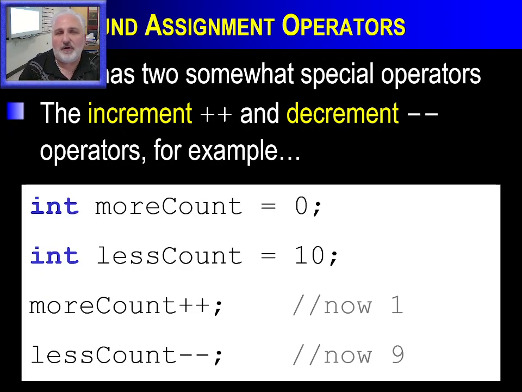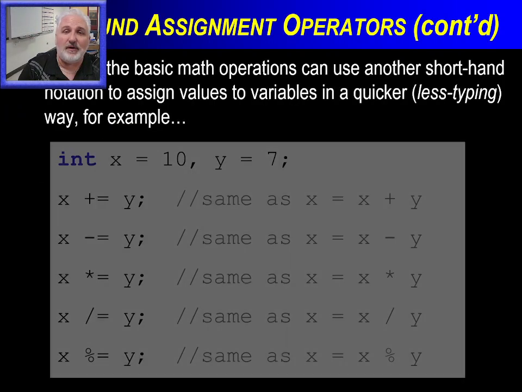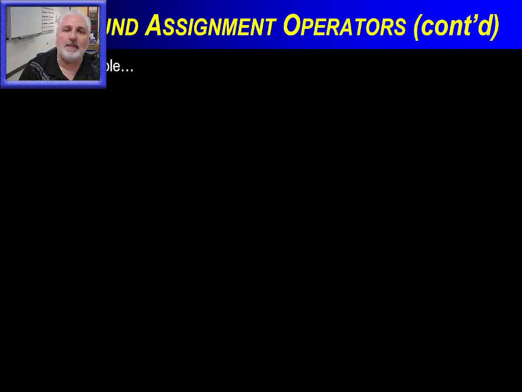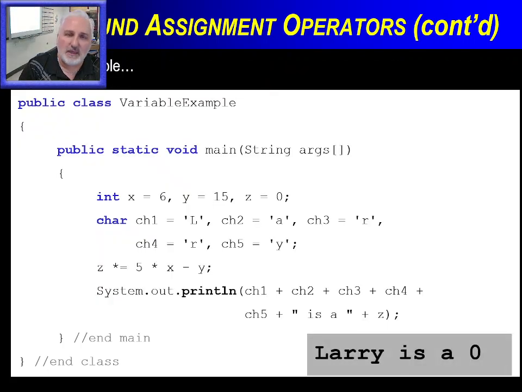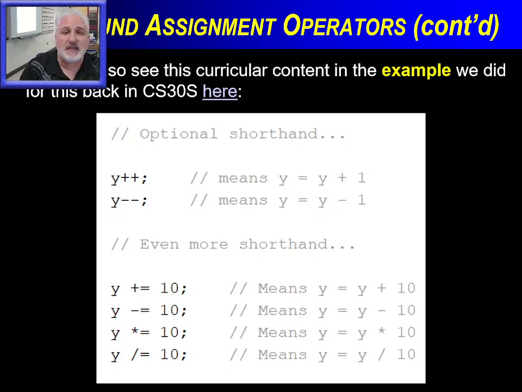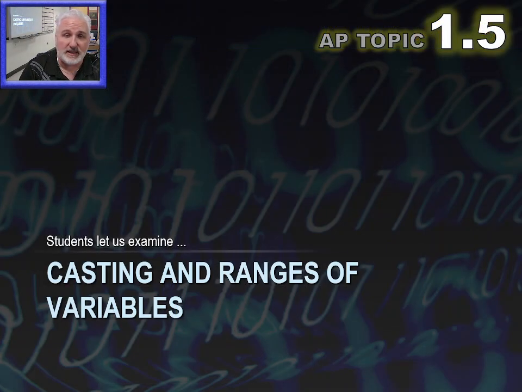Things in shorthand that you've already covered, like the plus plus operator and the minus minus operator, to increment, add one, or decrement, subtract one from a variable value. You can also move to more complicated things like plus equals, minus equals, multiply equals, and they're equivalent in how they would be evaluated that way. Okay? And you can see examples of this through the semesters, through the coursework you've done. You should be able to look back on this in examples in curricular content.